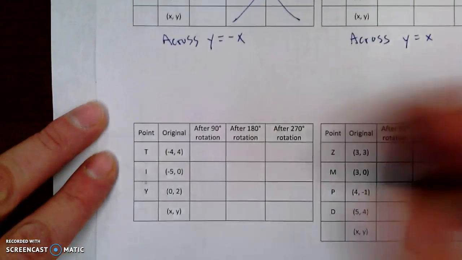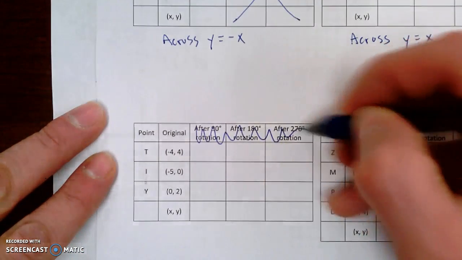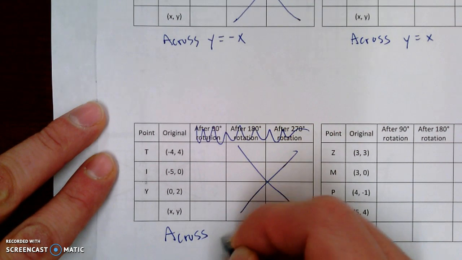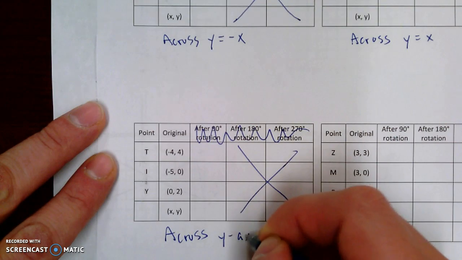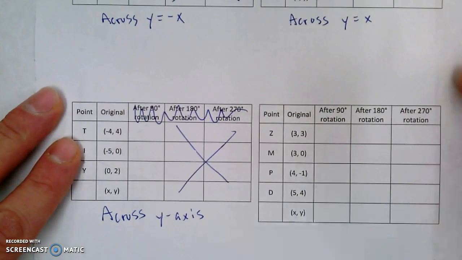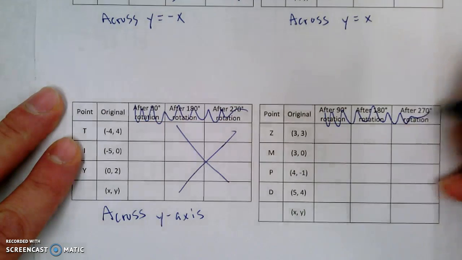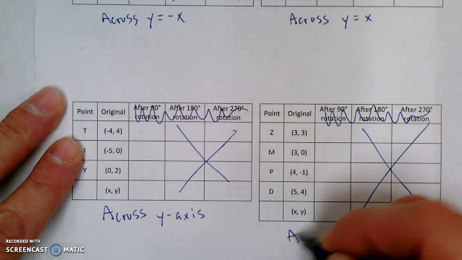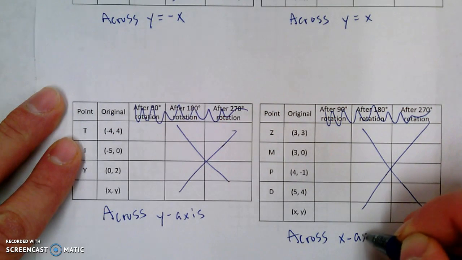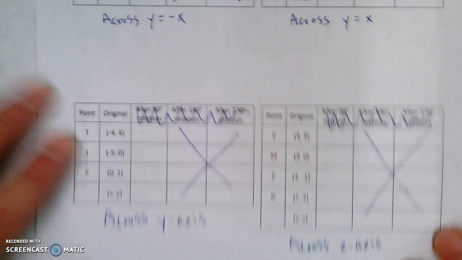Then down here, just gotta scribble all this out. This was across the y axis. And over here, this was across the x axis. Okay.